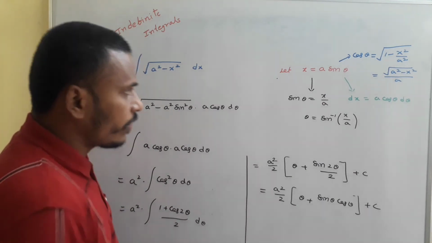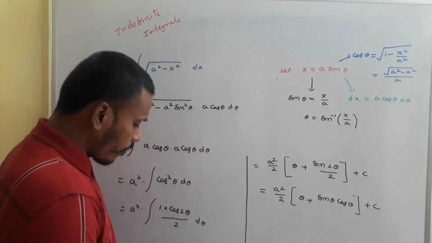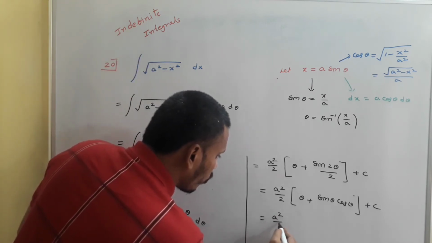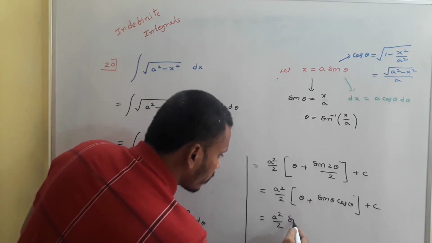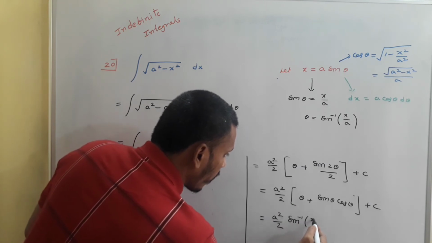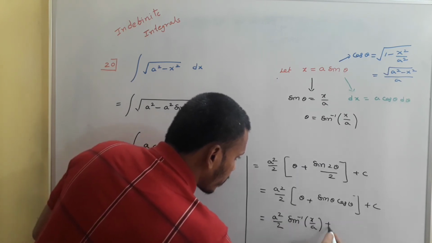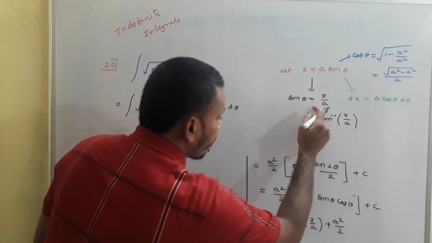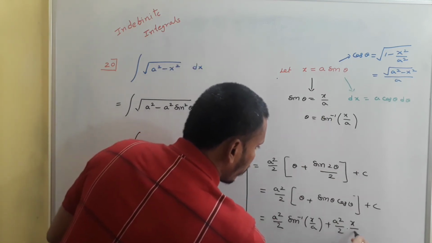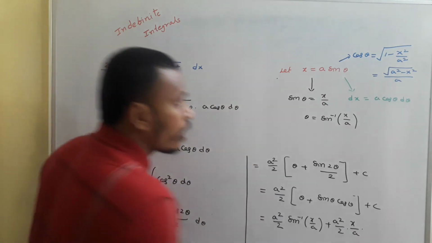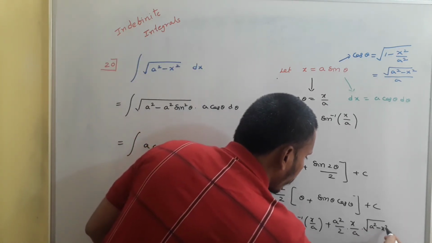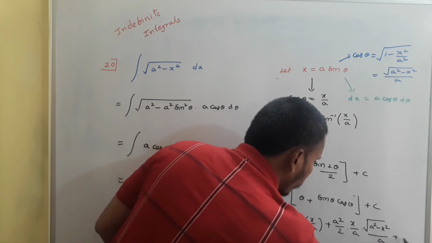Now replace everything into x from theta. So this is equal to a square by 2 into theta, which is sin inverse of x by a, plus a square by 2 into sin theta. Sin theta is what? x by a. Cos theta is what? Root of a square minus x square by a, plus c.